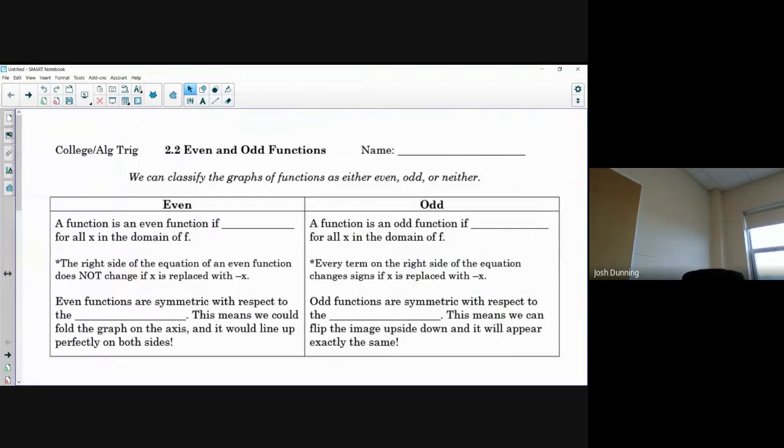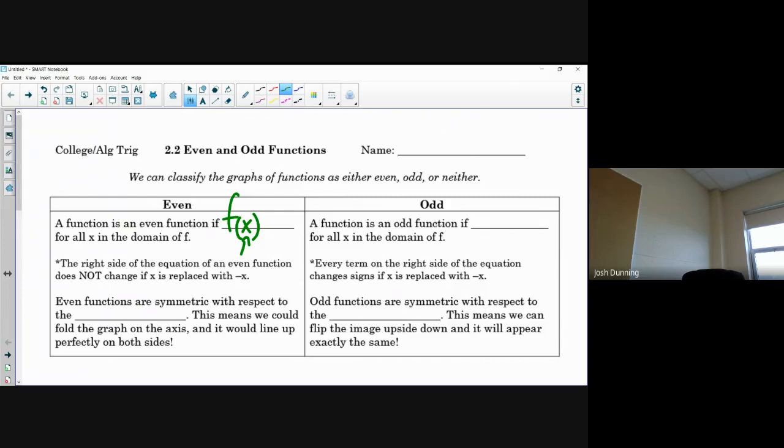Okay. Even and odd functions. The last topic for the unit. A function is an even function if, remember what this means, x is the input.